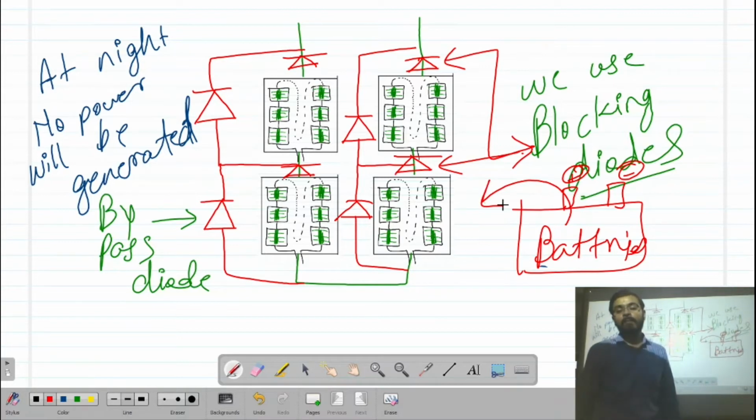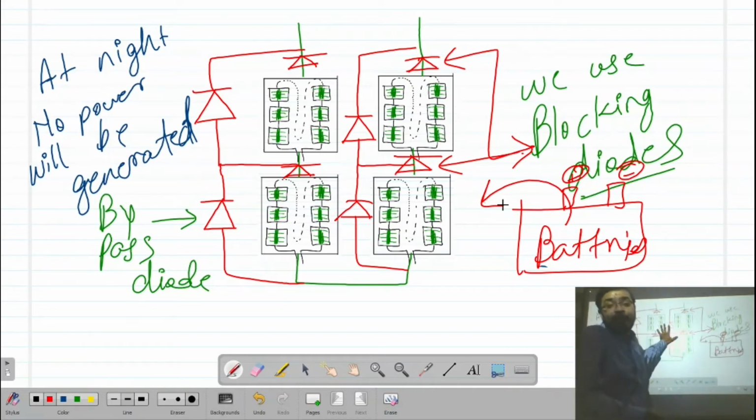It will block the flow of current from battery to modules. That is not required, because at night time this solar cell itself is a PN junction, and a PN junction, being a semiconductor, can offer a load to the batteries.